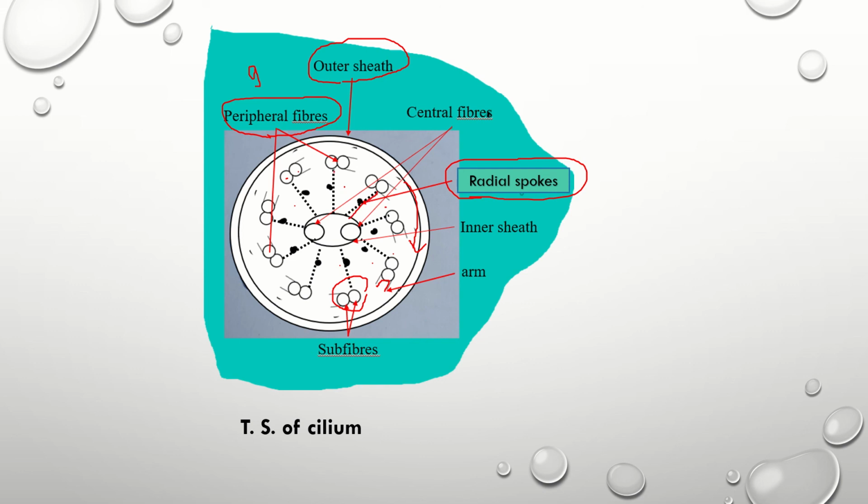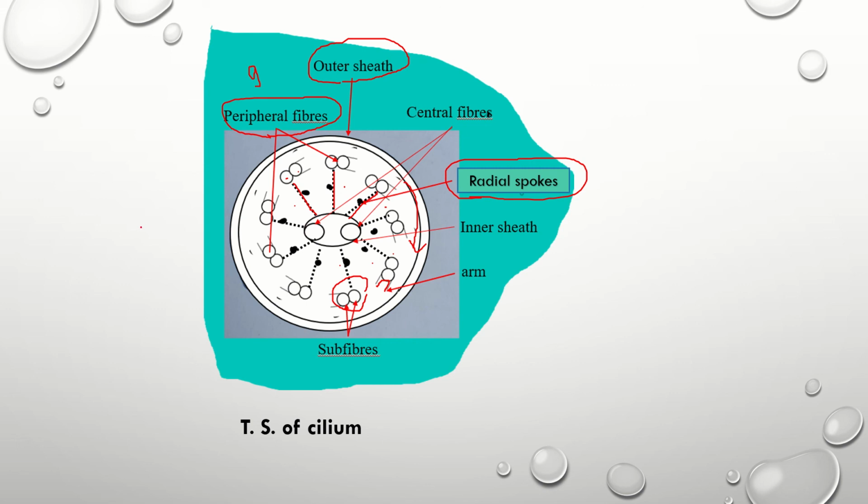These 9 radial spokes are attached to the peripheral fibers and connect the central fibers with the peripheral fibers. And this is all about the TS of cilium, or the TS of cilia.